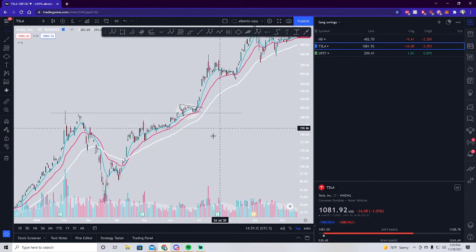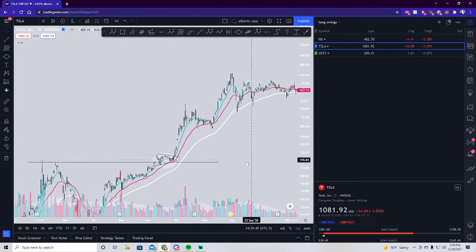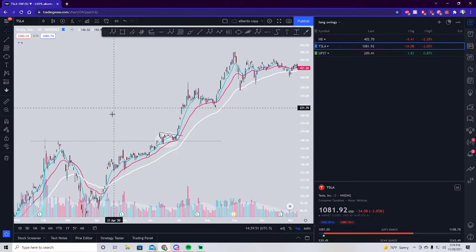Another thing I want to make sure that everyone watches is volume, because that is very important as well. Whenever you're seeing a lot of volume on big breakouts, especially on big base breakouts, that's usually when you want to get involved because most people are getting involved there, right? The only time I wouldn't want to get involved when I see higher volume is when it's extended from the EMAs, something like this.